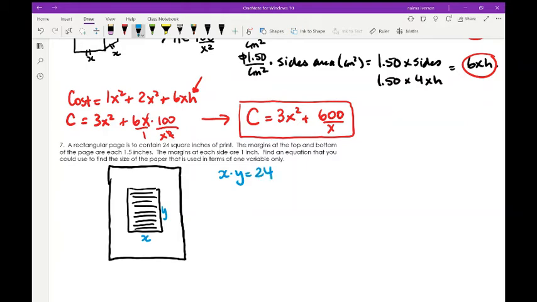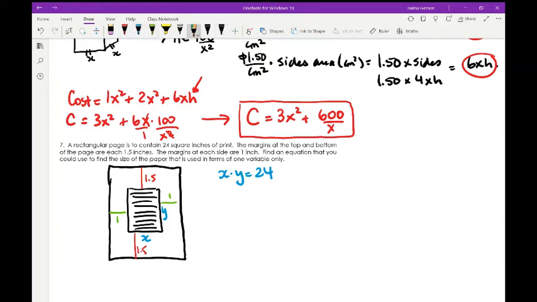That's given information. The margins at the top and the bottom of the page are 1.5 inches. So that's 1.5 inches. This is also 1.5 inches. And it says the margins that are at each side are 1 inch and 1 inch. So let's just think for a second what our new measurements are going to be, okay?